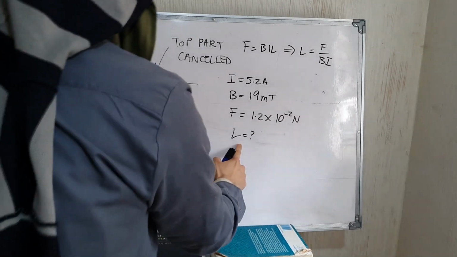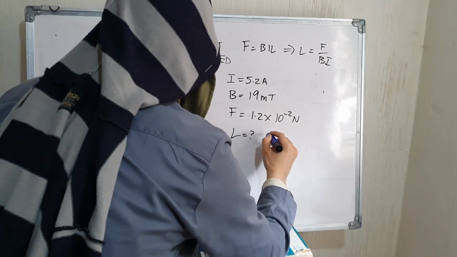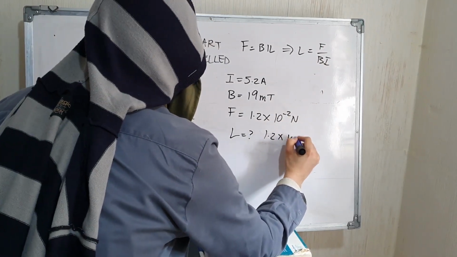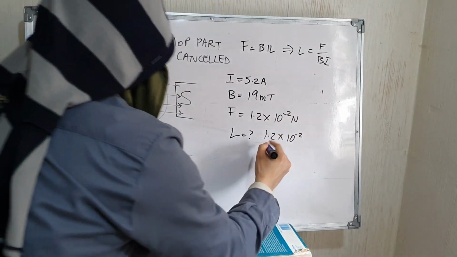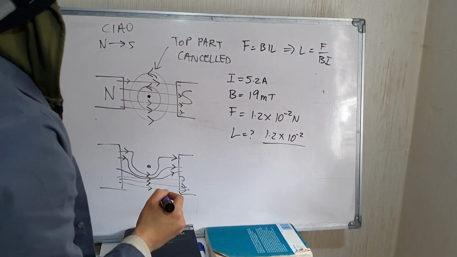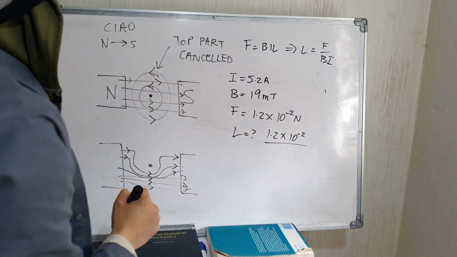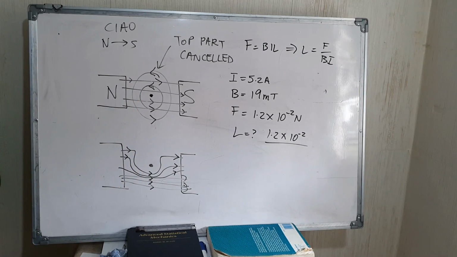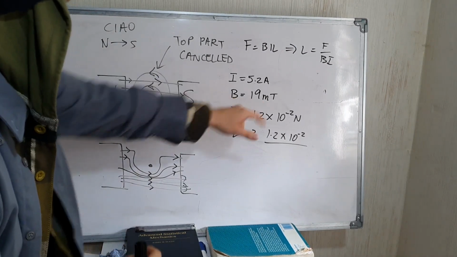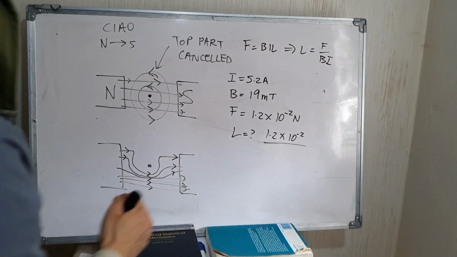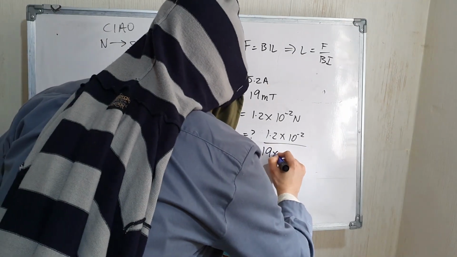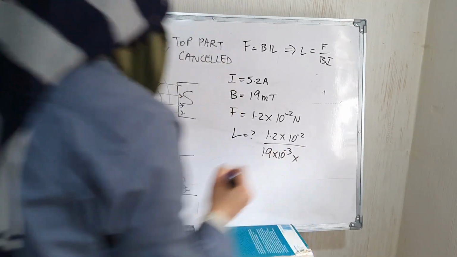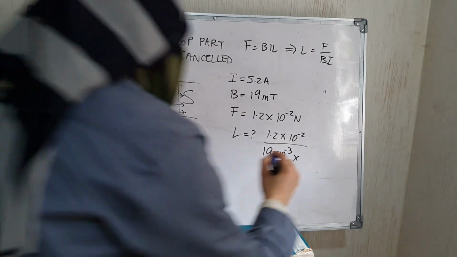So what is L? L is equal to F. So you've got F is 1.2 times 10 to the minus 2. I'm just ignoring the units. And I'm dividing it by B. Now what's milli? For these questions, you need to be familiar with these prefixes. That small m is milli, and milli is 10 to the minus 3. So it's 19 times 10 to the minus 3, and you're multiplying it by 5.2.